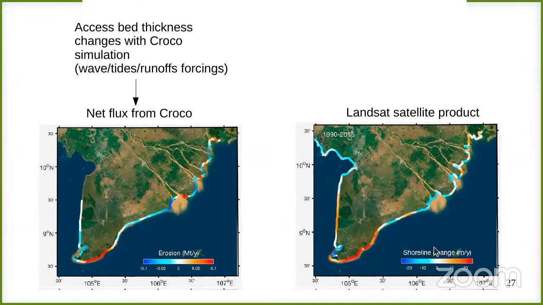Here it is not the same unit, but it gives an idea. We have shoreline changes, and you have a correlation between the two. It fits well in this region. We observe also a deposition.